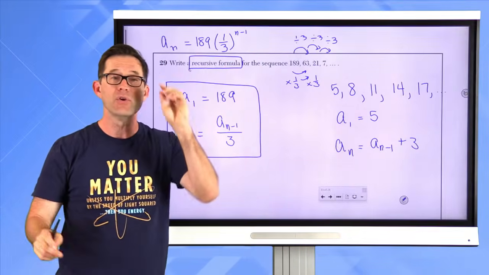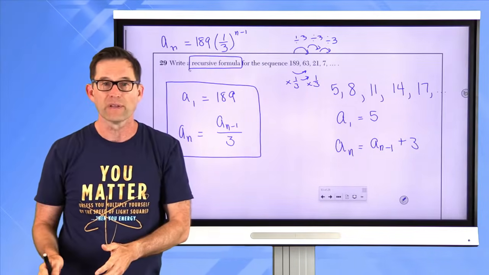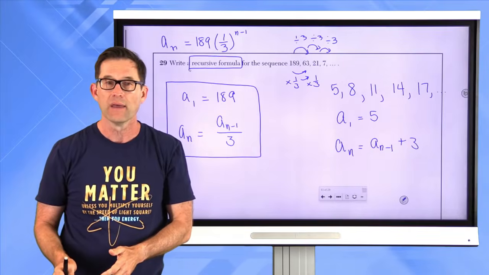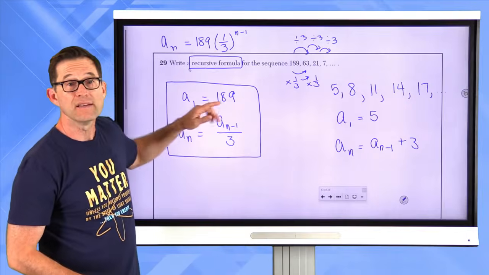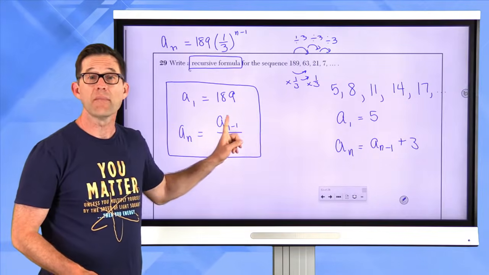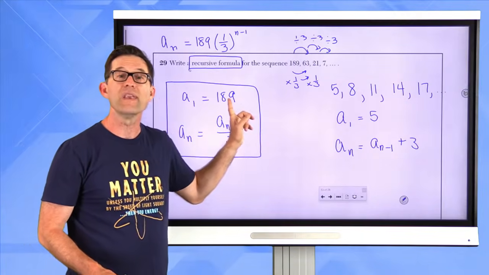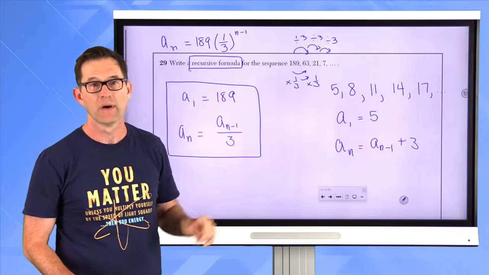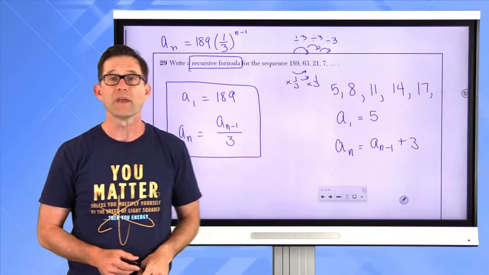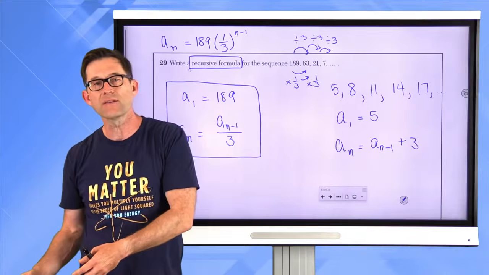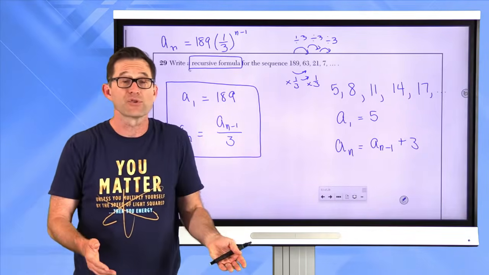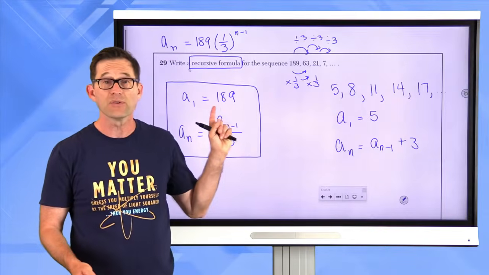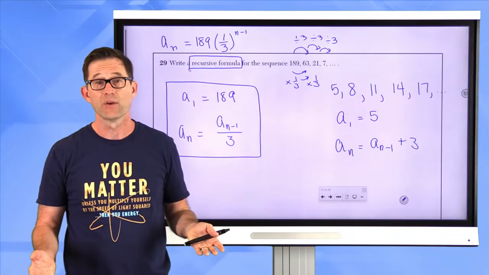And they will give you, I think, 1 out of 2 points for putting that down, okay? But it's not the recursive formula. The other mistake people make is that they'll put a sub n equals a sub n minus 1 divided by 3, but they'll never put the first term. Now that's a problem because how would you ever get the second term if you don't know the first term? You'd know the second term was the first term divided by 3, but if you don't supply the first term, then you're out of luck.